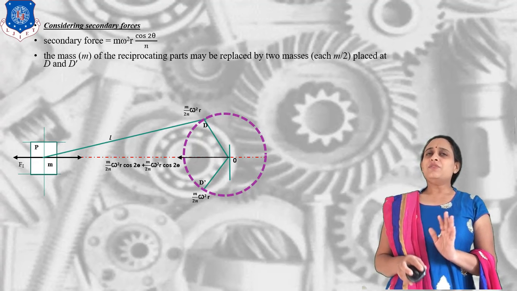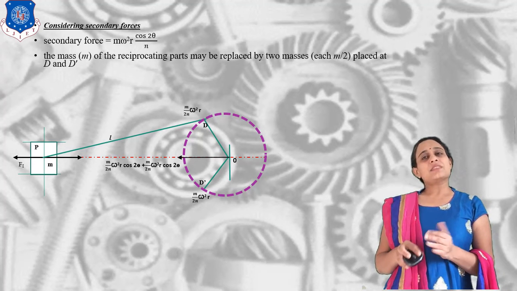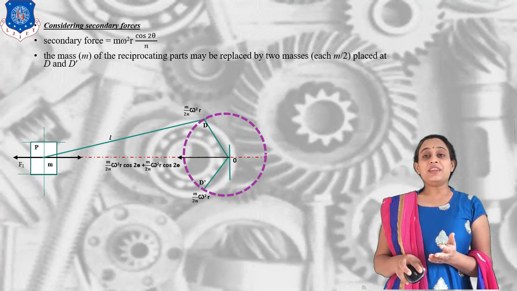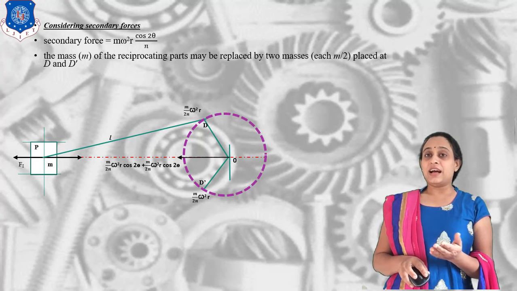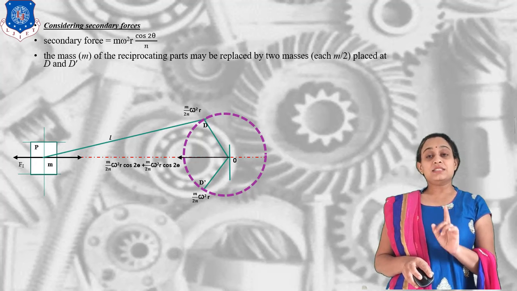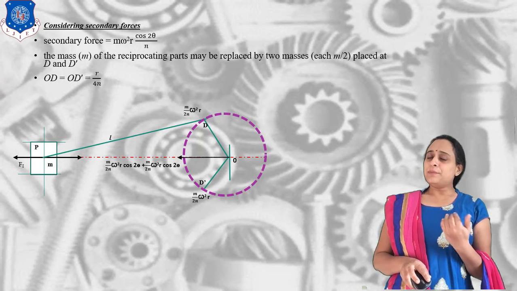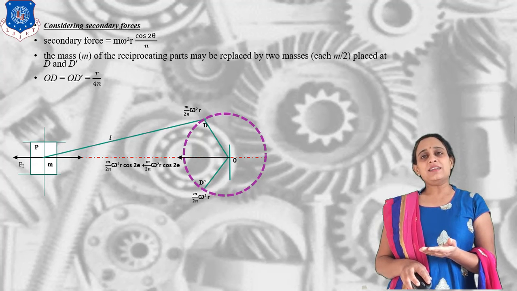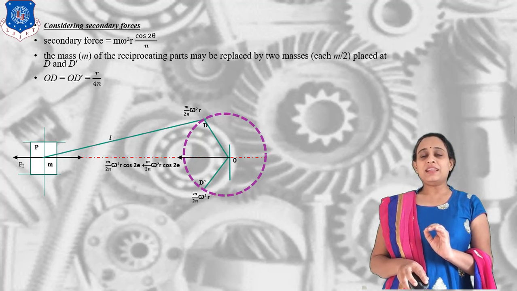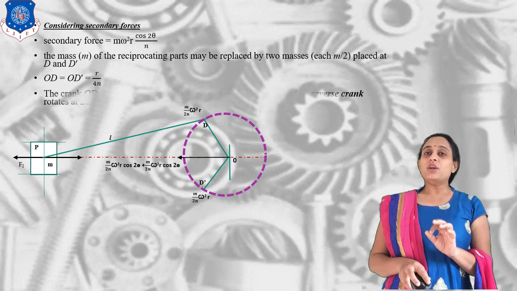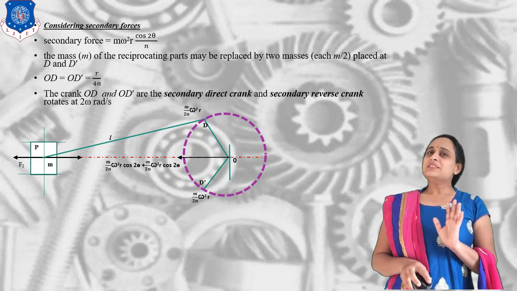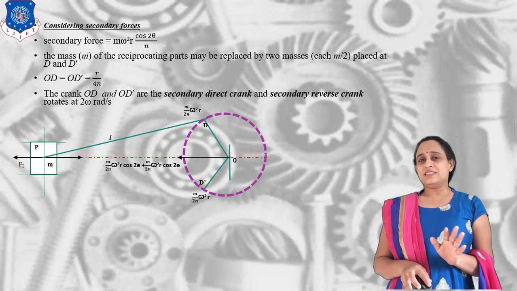Now, if we are having different mass, m by 2 on each side, what can we write? m by 2 omega square r cos 2 theta by n is the secondary force for the direct crank, and m by 2 omega square r cos 2 theta by n is the secondary force for the reverse crank. Clear? Just the angle is different, nothing else.